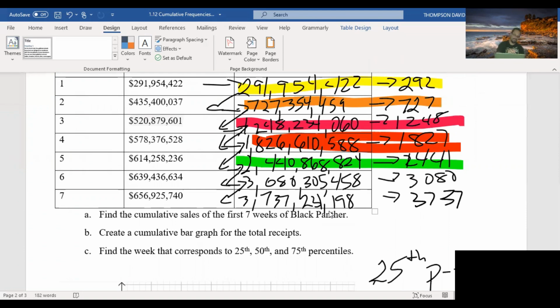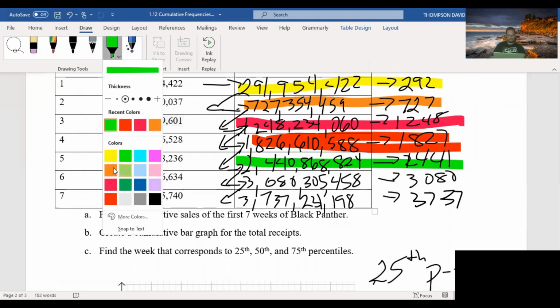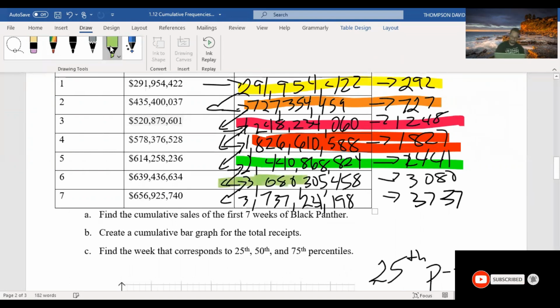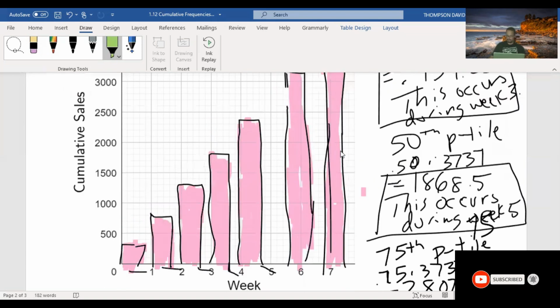We haven't quite got there yet, but we're almost there. Let's change the shade a little bit. We'll change it to this puke green, it looks. So if we look between 2,441 and 3,080, that's where my 2,802 falls.